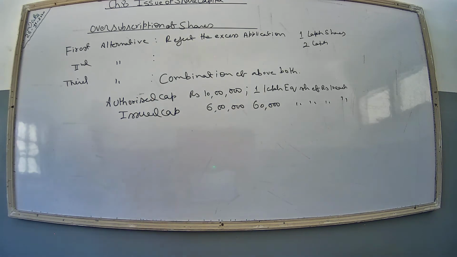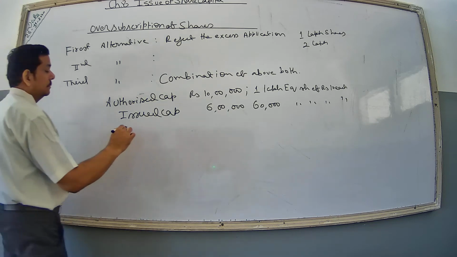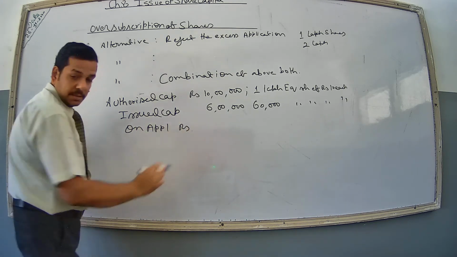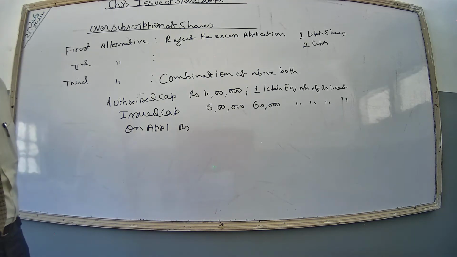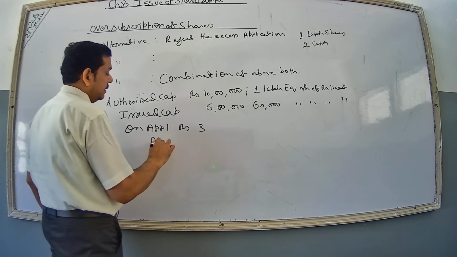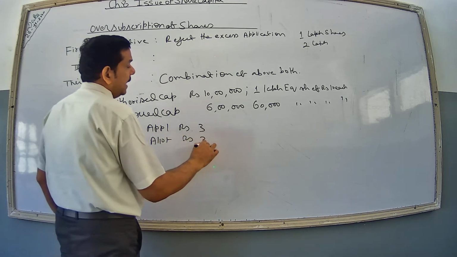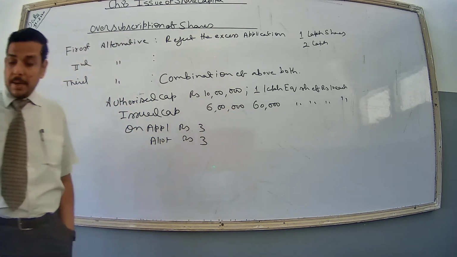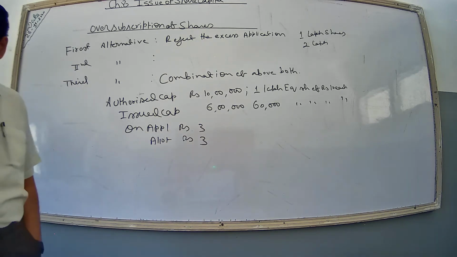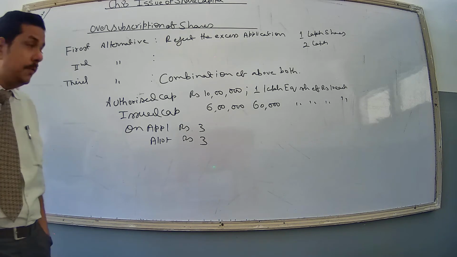Clear? Now what are they calling? On application rupees 3, on allotment rupees 3, and the balance as and when required, no problem. Now applications for 92,000 shares were received, on which the directors allotted as follows.